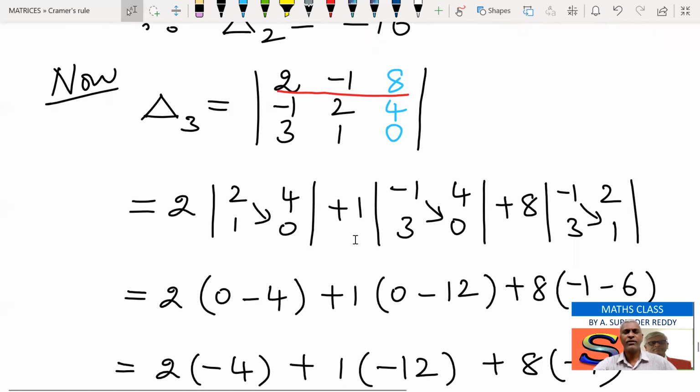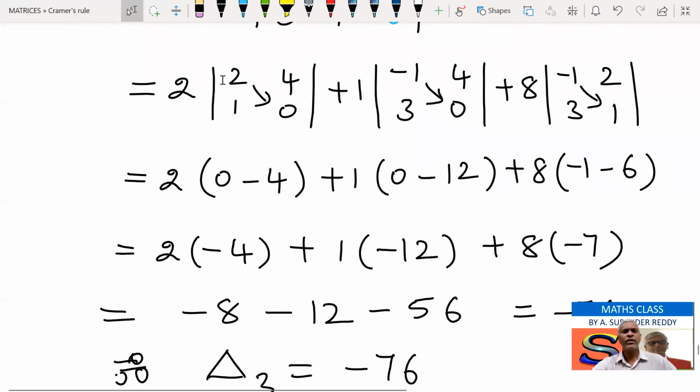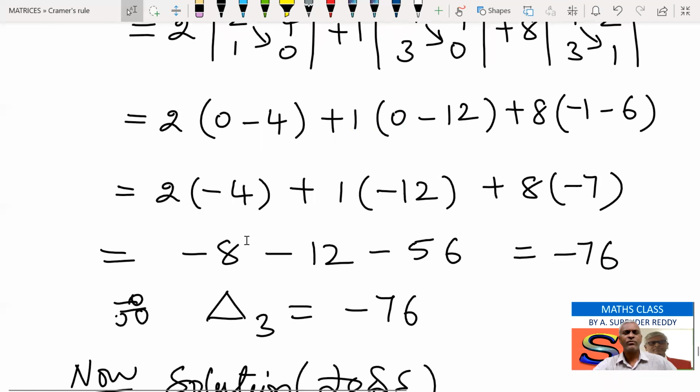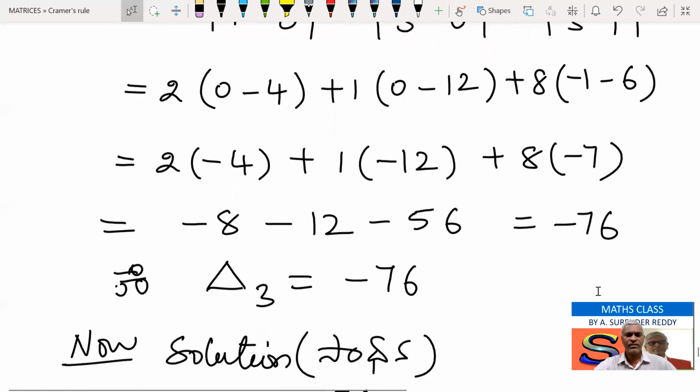Minus 1 becomes plus 1. 2 into 0, minus 1 into 4. 1 into minus 1, 0, minus 3 into 4. 8 into minus 1, 1, minus 3 into 2. 2 into minus 4, minus 8. 1 into 12, minus 12. 8 into minus 7, minus 56. So all negative numbers, adding all, you will get minus 76.